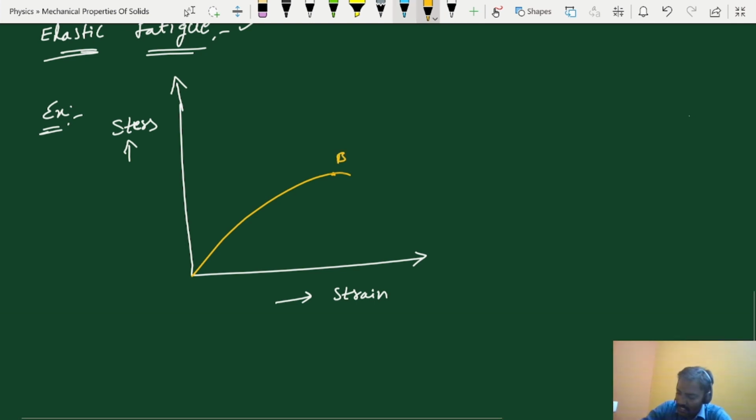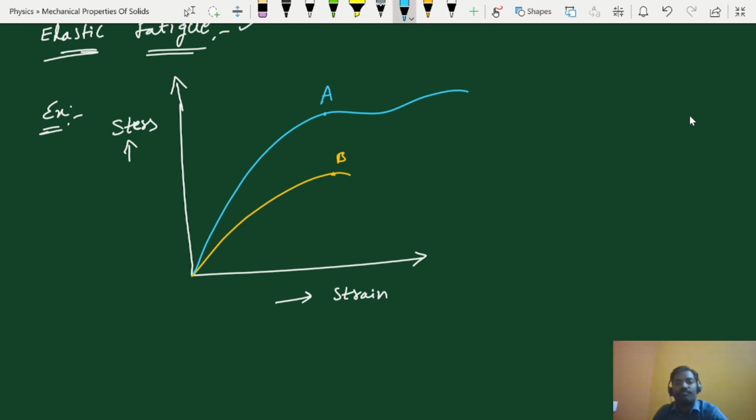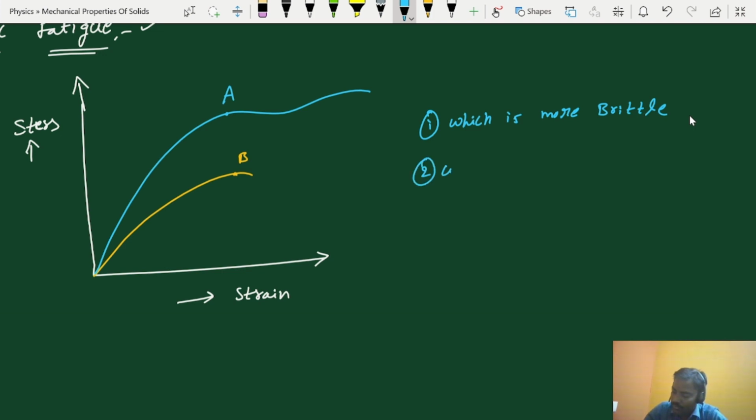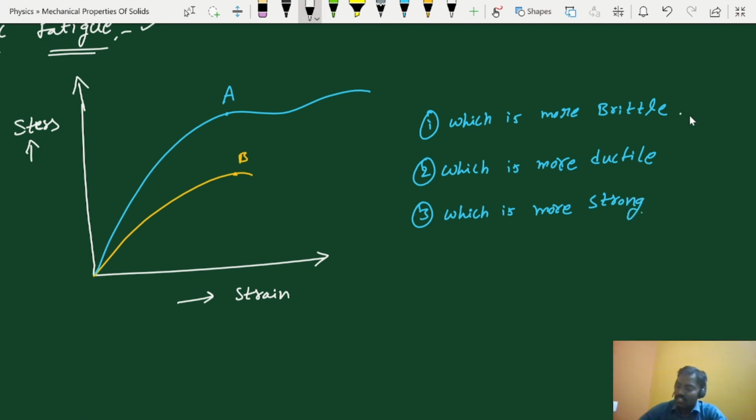This is material B. This is material A. So they may ask questions such as, which is more brittle, which is more ductile, which is more strong.